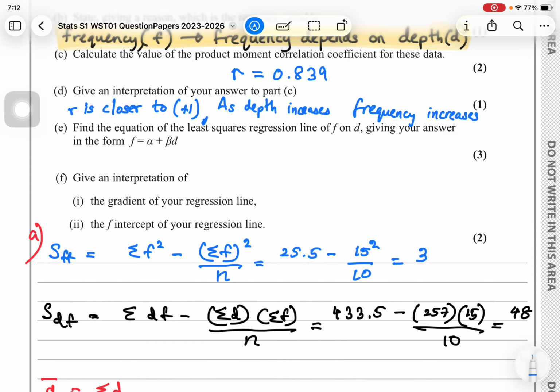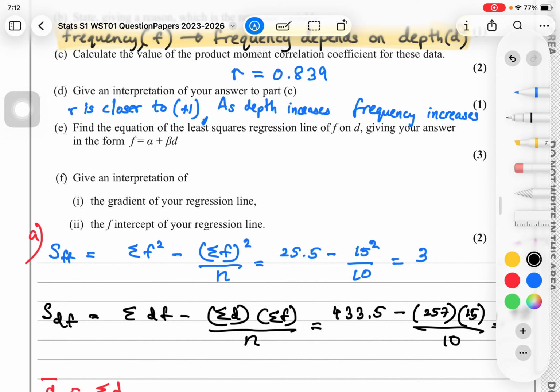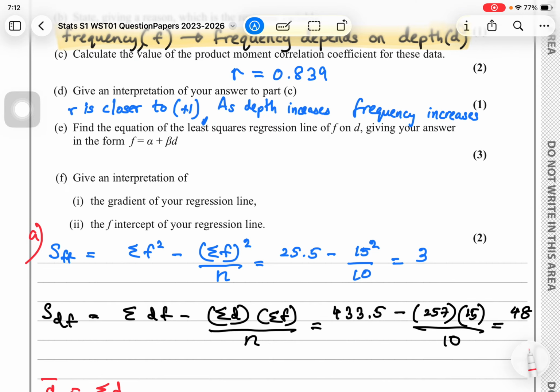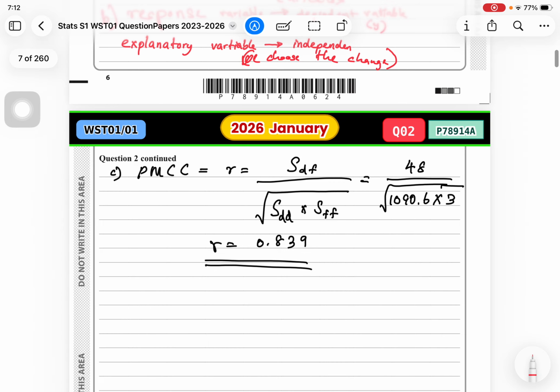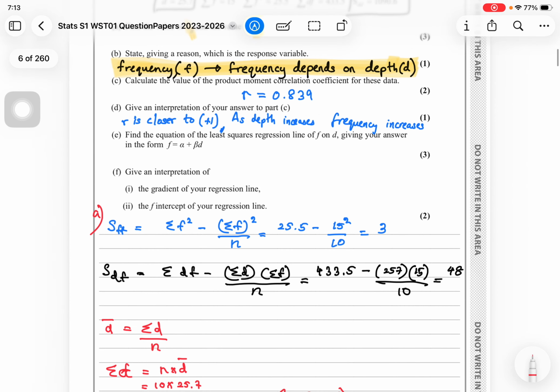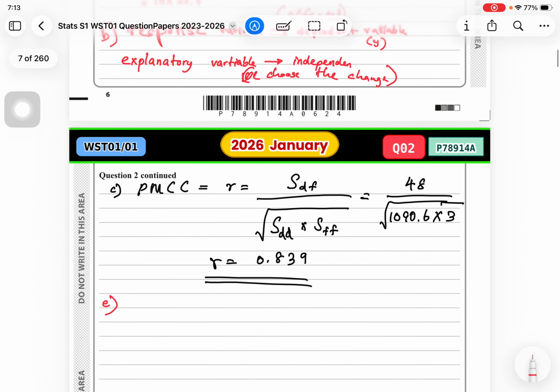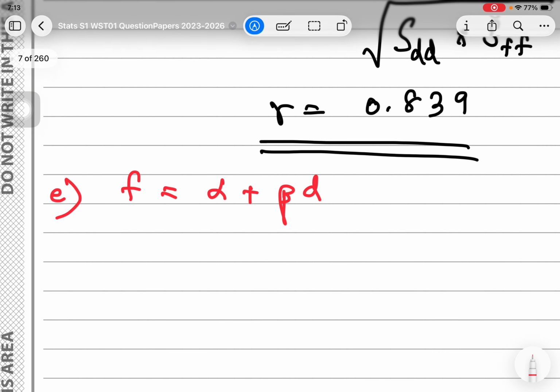Find the equation of the least squares regression line. Now they're asking us for the regression line, so these are interesting parts. What they ask is F equals alpha plus beta D. For this alpha and beta, we have separate equations.